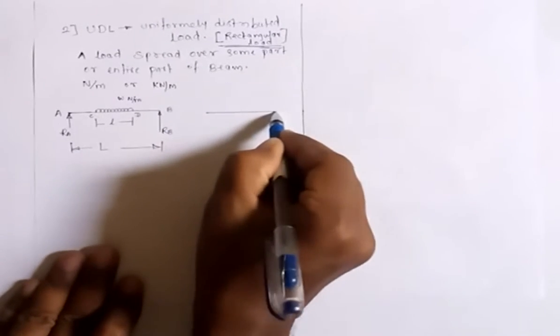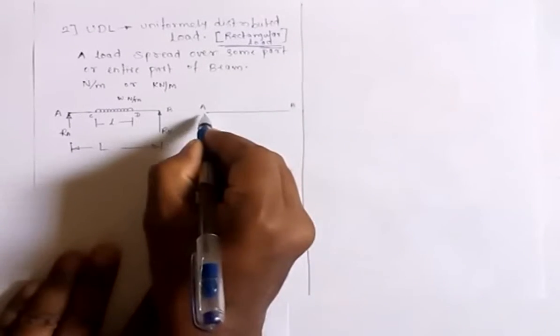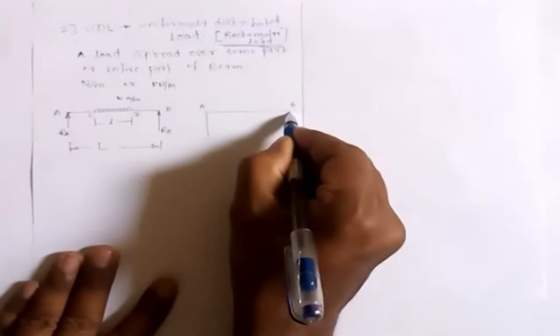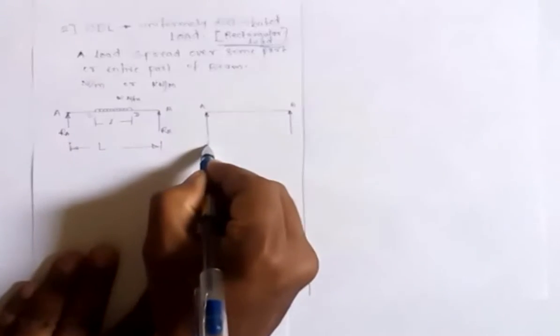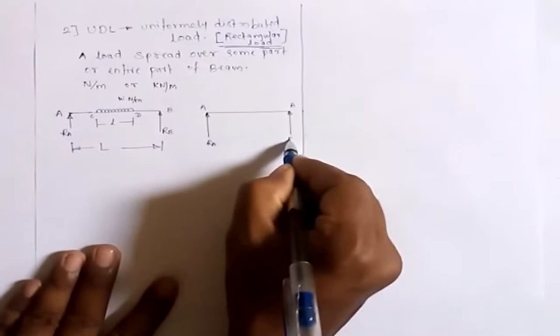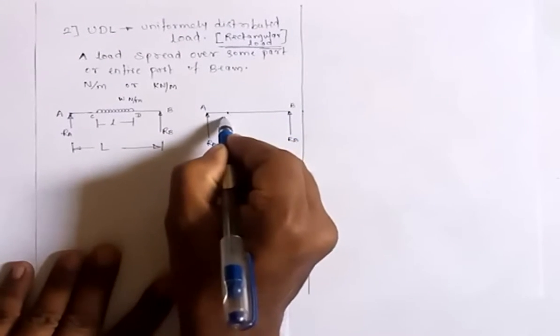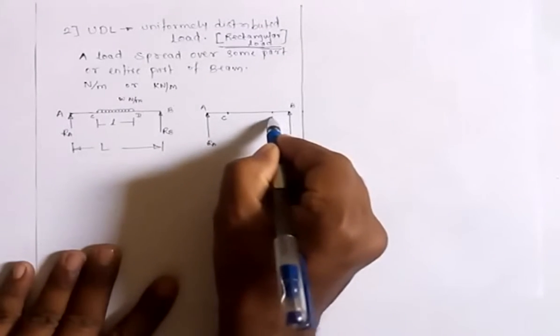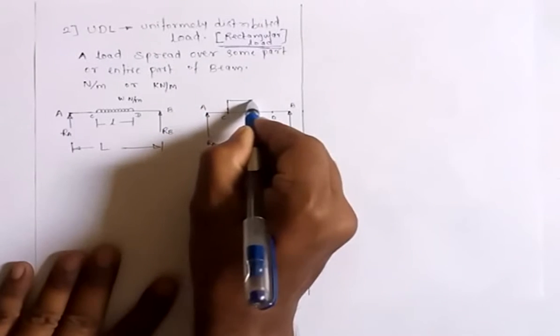Consider one more beam, again AB. Let us assume that it has two supports at A and at B. So this will be reaction RA and this will be reaction RB. Let us consider that these are points C and D. In between these two points, a rectangular load is acting on the beam.